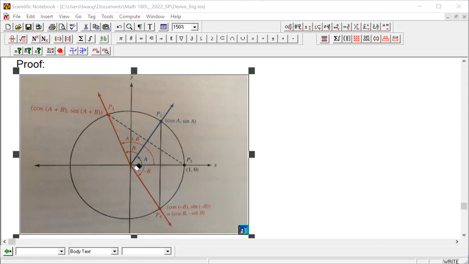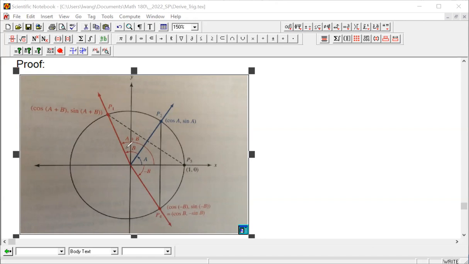Now here, we have A measured counterclockwise, and we measure a negative B from the standard position. Now if you look at the opening of the angles, there are two A plus B. One is the A plus B here, which opens towards this arc, P1 to P3.